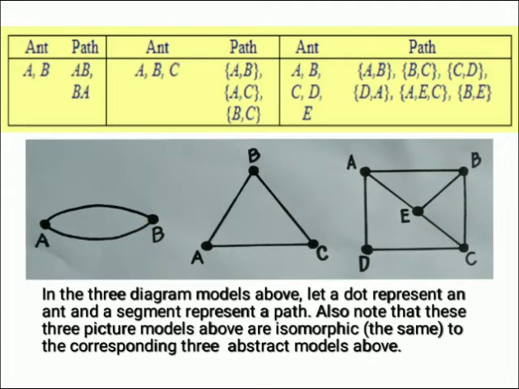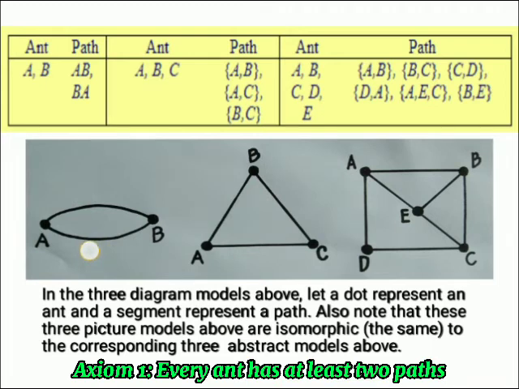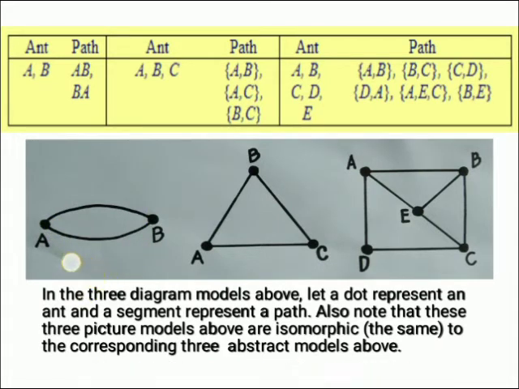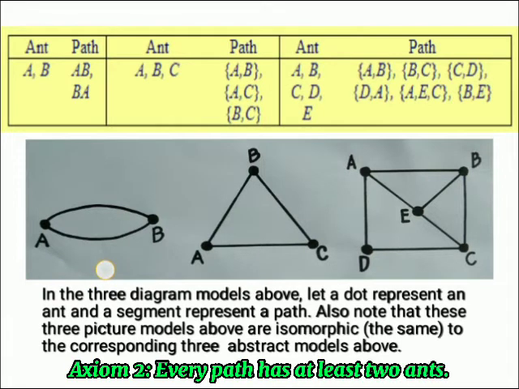So, for example, dito sa first picture na lang, yung axiom 1, nakasaad doon na every ant has at least 2 paths. So, bawat ant, kunwari ant A, meron siyang 2 paths. Ganon din itong ant B, meron din siyang 2 paths. So, nasatisfy natin yung axiom 1. Sa axiom 2 naman, sabi doon na every path has at least 2 ants. So, bawat path, merong at least 2 ants.